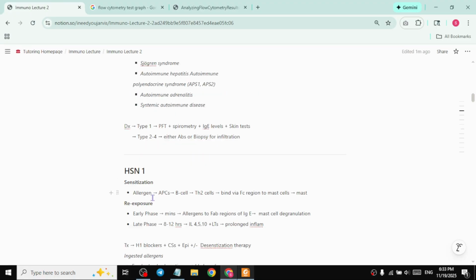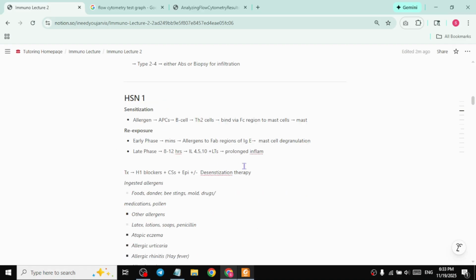In most of the other questions with type 2 and 4, you're usually going to see antibodies, either get those antibodies from the serum or plasma, or get a biopsy of the tissue, right, to get exactly what type of cells you're going to see in there. Okay, so that is the basic presentation.